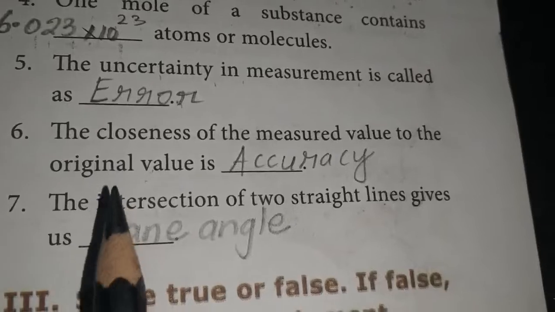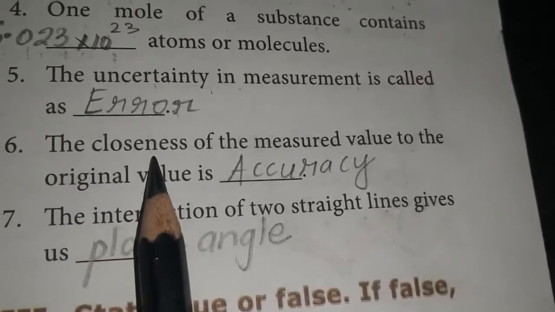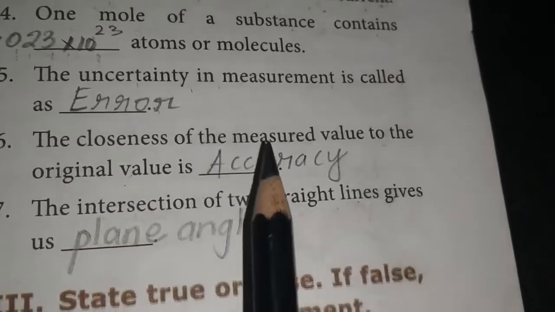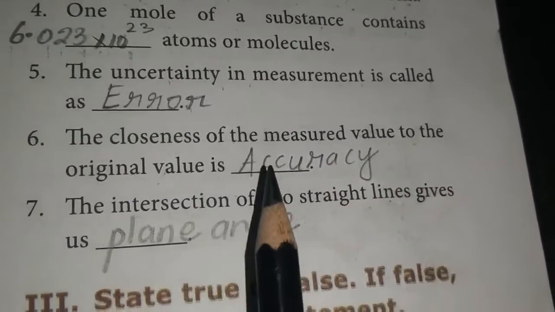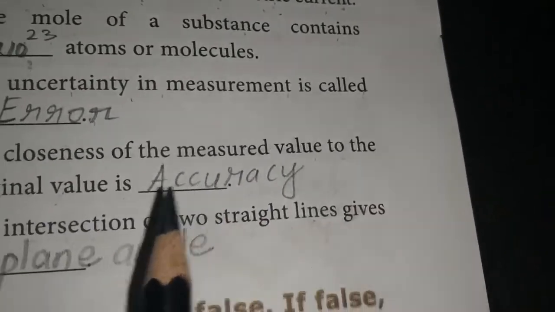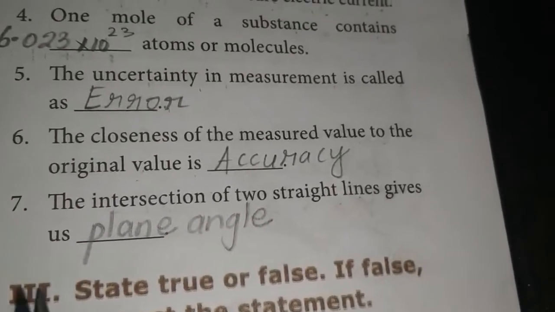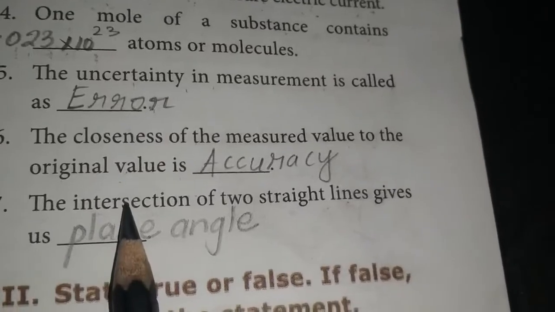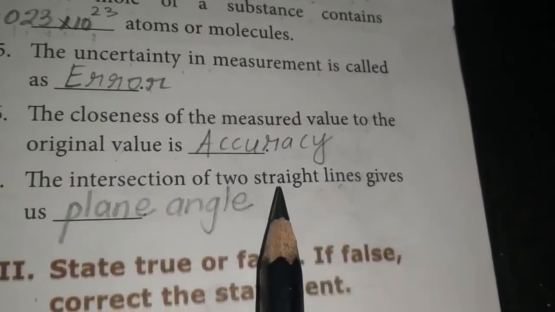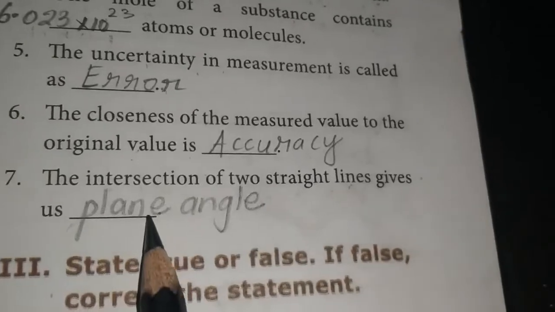And then sixth one, the closeness of the measured value to the original value is called accuracy. And then seventh question, the intersection of two straight lines gives us plane angle.